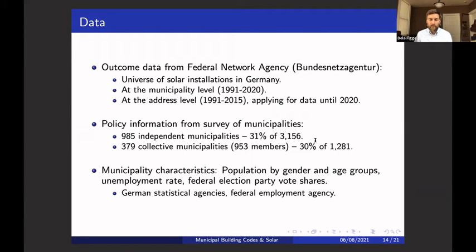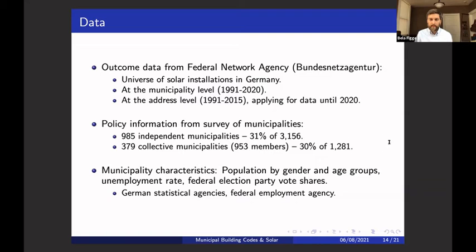So this survey provides us with information on when municipalities implemented solar policies. So this is a retroactive survey. So in the end, we have a panel from 1991 to 2020.